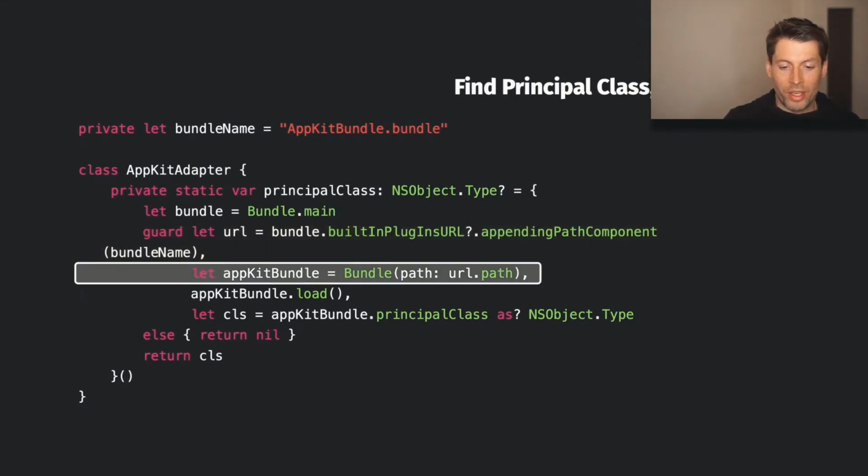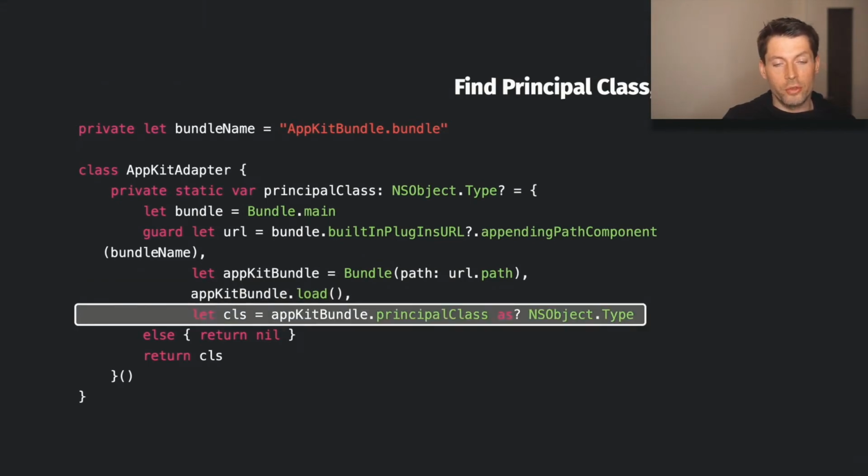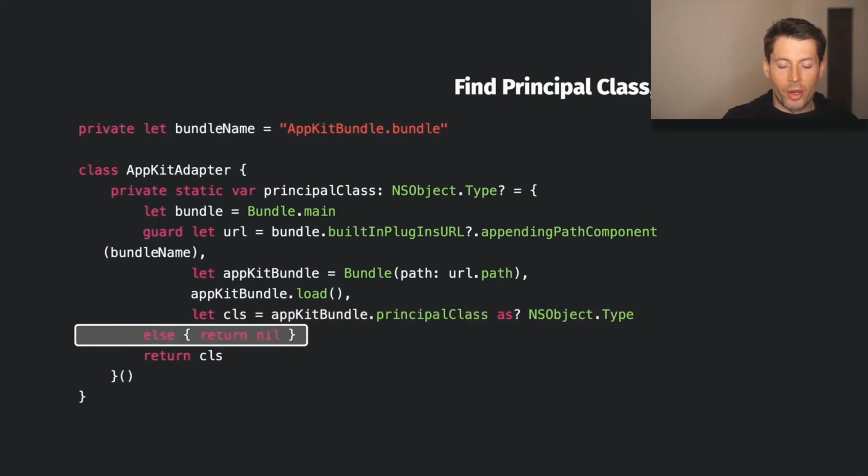And then we initialize it and we load the bundle. And after the bundle has been loaded, we can actually try to get the principal class out of the bundle and make sure that this is actually an NSObject type. Thankfully it is, because we did that right. Otherwise we return nil. Now in this case you could also crash or whatever you want to do, because obviously things are not working as expected when we end up here. Then you take your class and you return it.